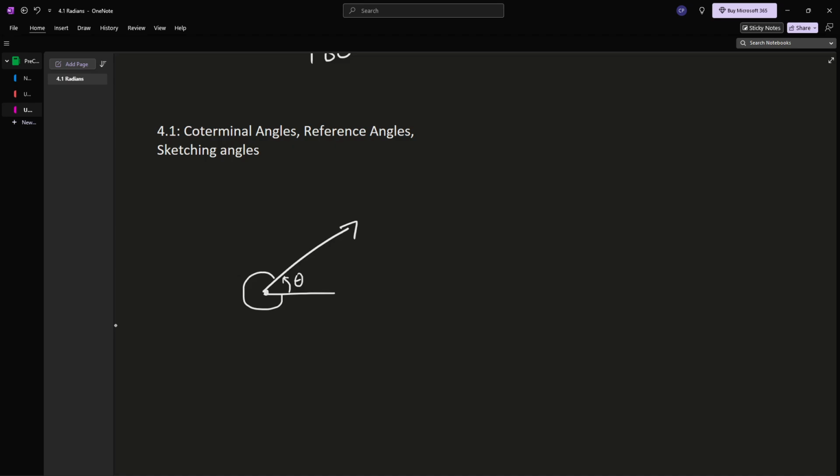I could go clockwise or counterclockwise and have this new theta, theta 2. Looking at it, theta 1 and theta 2 are clearly different values, but they point me in the same direction. And this relationship, we call it coterminal angles.